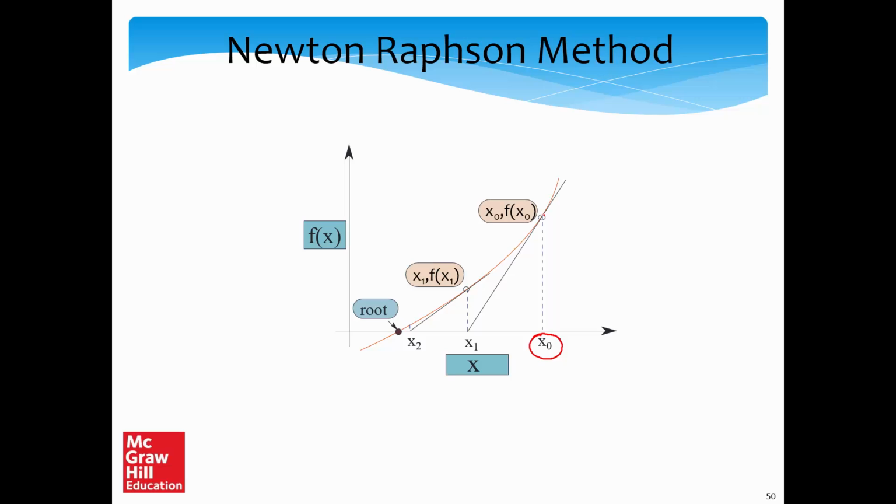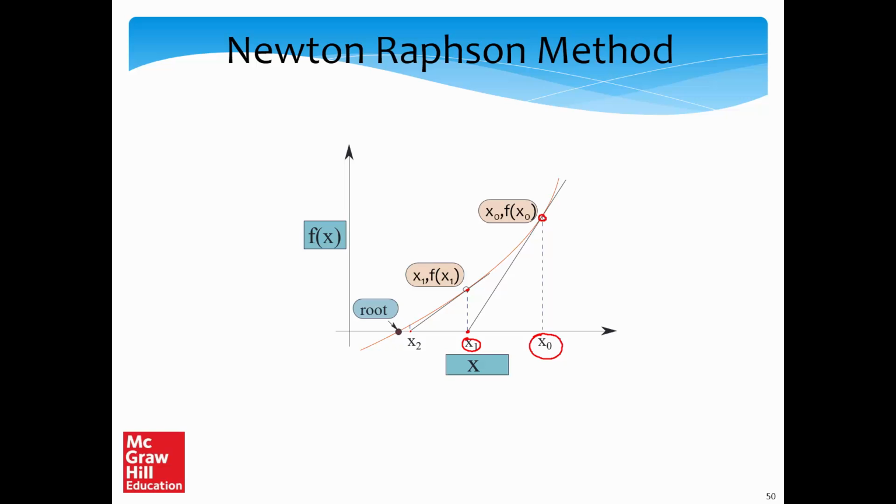So what we will do is that at this point, let us compute a tangent to this curve. If we compute a tangent to this curve, at some point it will intersect the x-axis. So let this point be x1. Again, let us locate the point on the curve y equals f(x), where its x coordinate is x1, which is this point. Let us again compute a tangent to the curve.